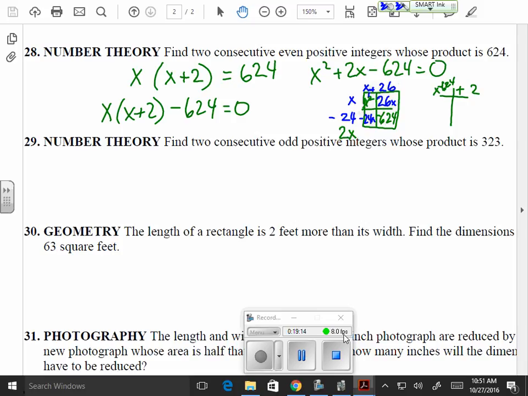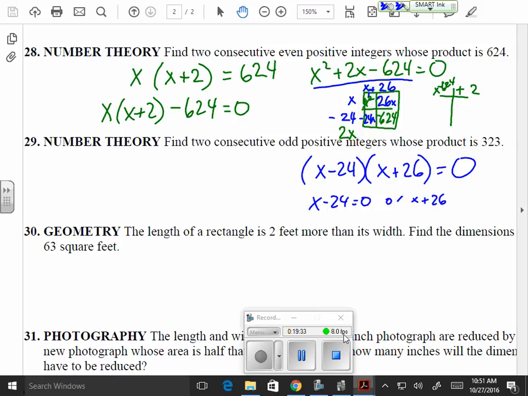So that means I could go down here, that this factors into x minus 24 and x plus 26 equals 0, which means x minus 24 is 0, or x plus 26 is 0.